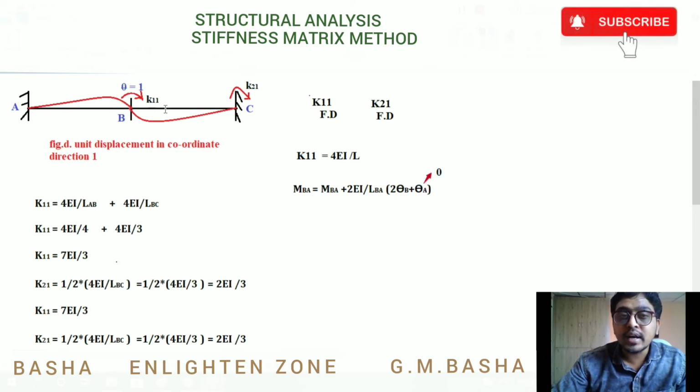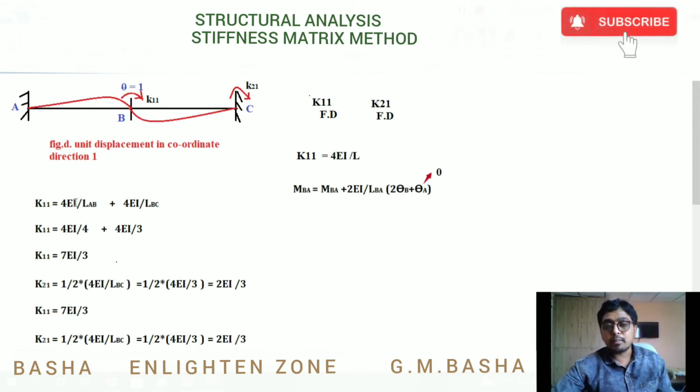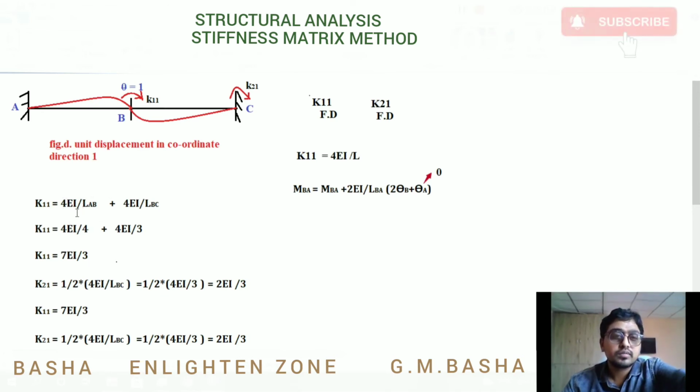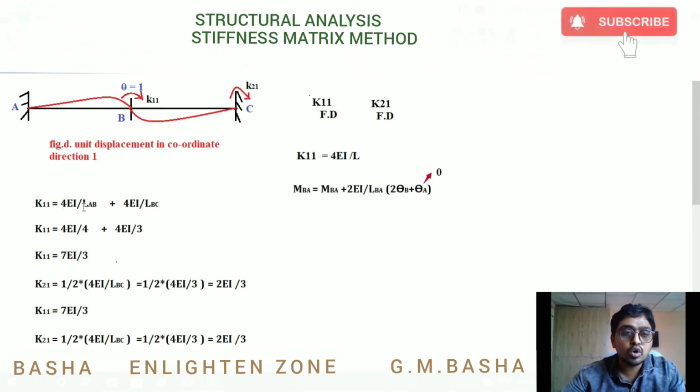So there will be two connecting members, so you take down the particular spans. For span BC, 4EI by LBC plus for span AB, 4EI by LAB. Like that you have to take this, and substitute whatever values are given in the problem. Here the length of span AB is 4 meters and BC is 3.